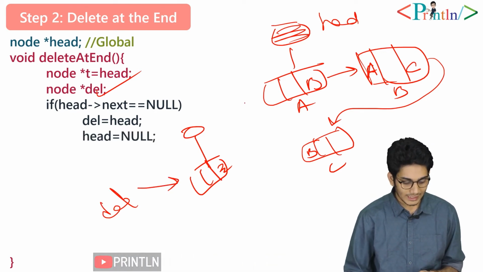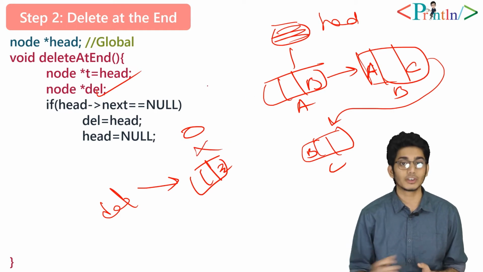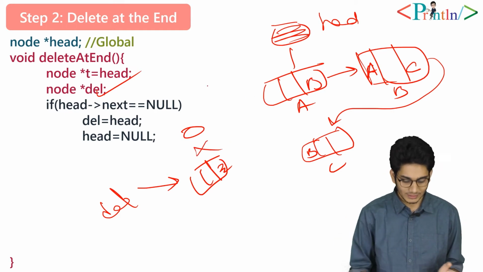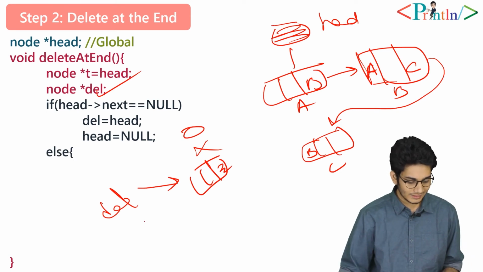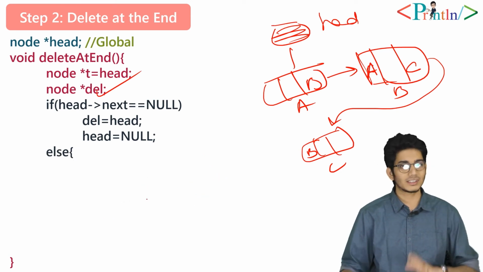Then we'll assign null into head. It means this connection has been discarded. Head is null, we don't have any value. Then we'll just free this del.